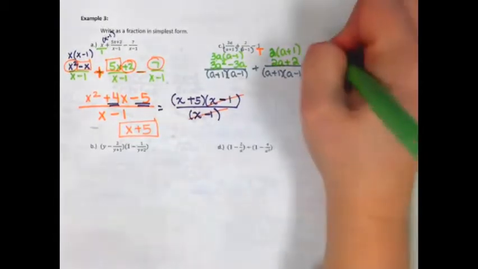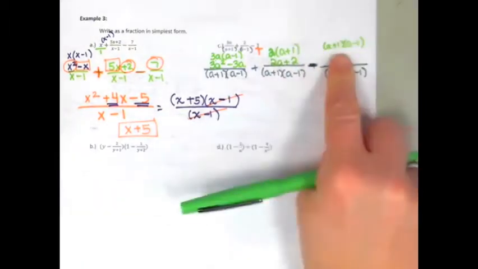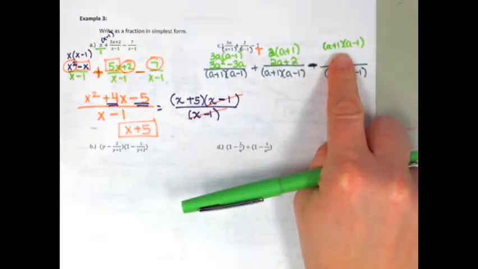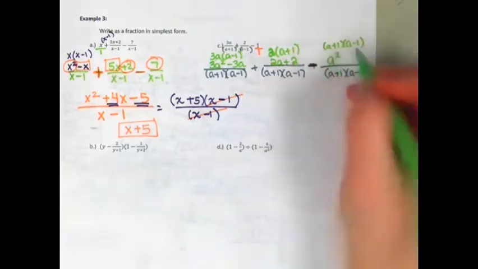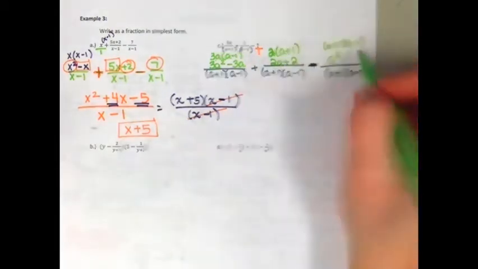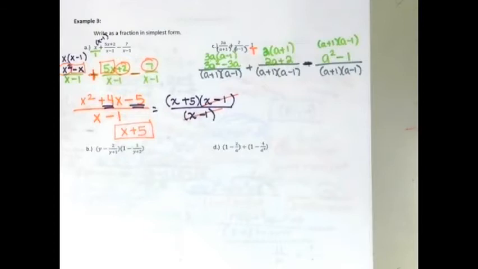Isn't that a difference of 2 squares? Yeah. So what's a times a? A squared. And what's 1 times negative 1? Negative 1, right? I didn't have to do the outside inside because those would cancel out, right? Because we have a positive 1a and a negative 1a.